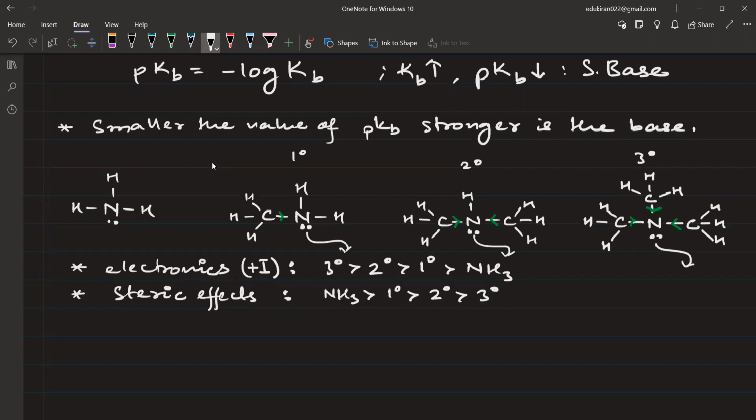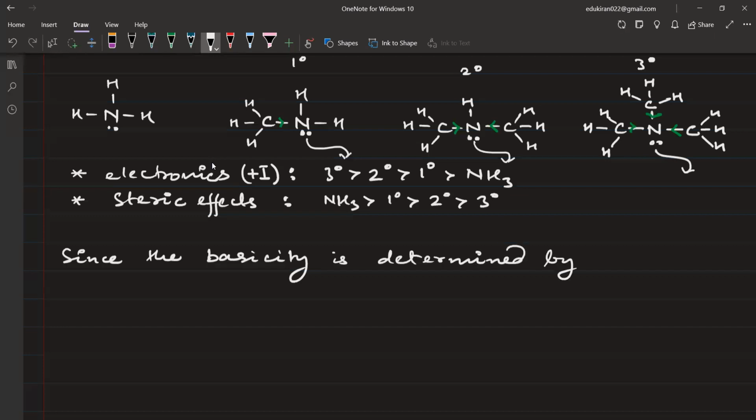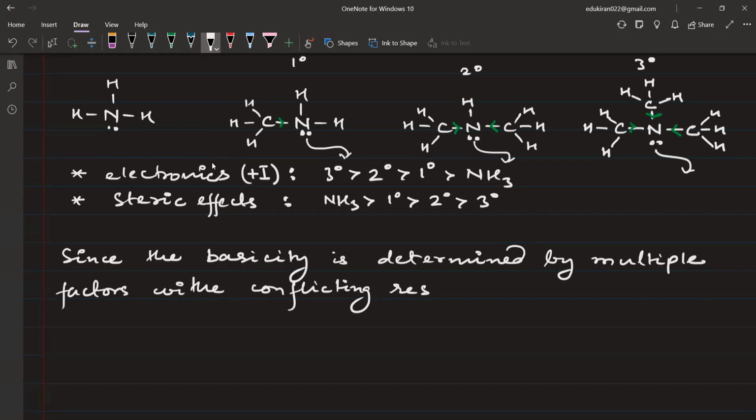Okay, so in aqueous solution you will write the conclusion here. एक सबसे पहले लिखिए, since the basicity is determined by multiple factors with conflicting results. ये आपका यहाँ पर लिख देते हैं बेसिसिटी. यहाँ पे भी हम लिख देते हैं, ये बेसिसिटी का ऑर्डर है, स्टेरिक इफेक्ट का ऑर्डर नहीं है. ऐसे तो स्टेरिक सबसे ज्यादा 3 डिग्री में, बट बेसिसिटी यहाँ पे स्टेरिक इफेक्ट के अकॉर्डिंग NH3 होना चाहिए with conflicting results.